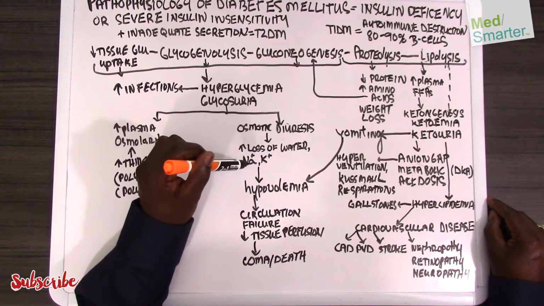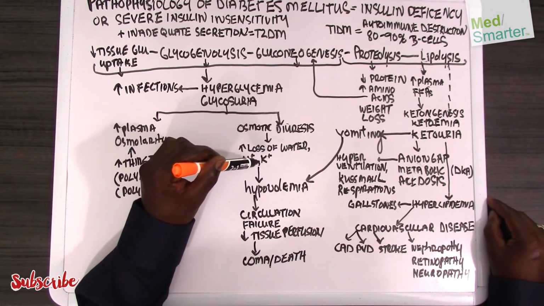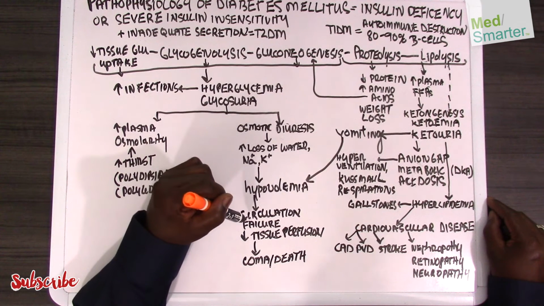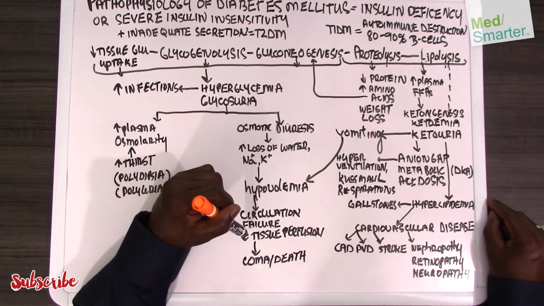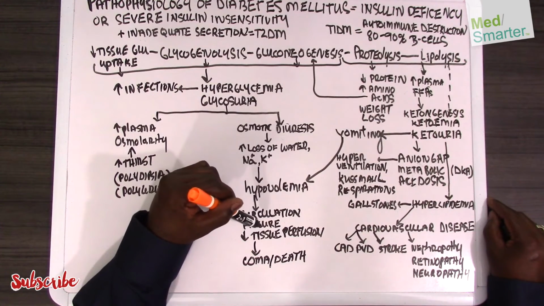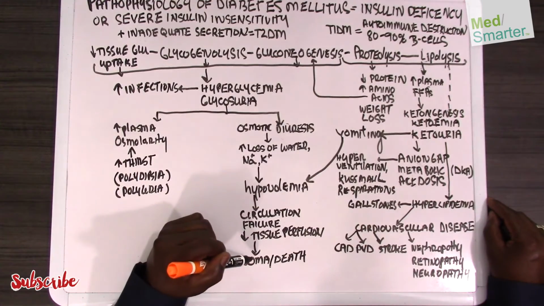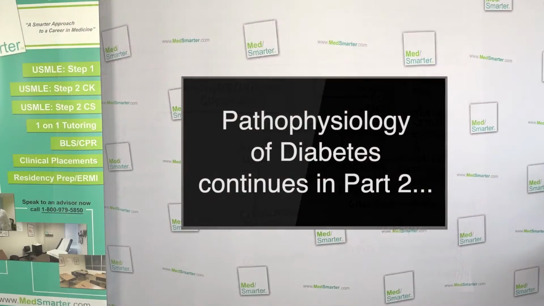The loss of the sodium and water is going to result in hypovolemia. This hypovolemia will result in circulatory failure and decrease in tissue perfusion, tissue hypoxia, and if not intervened upon, this will result in coma and death.